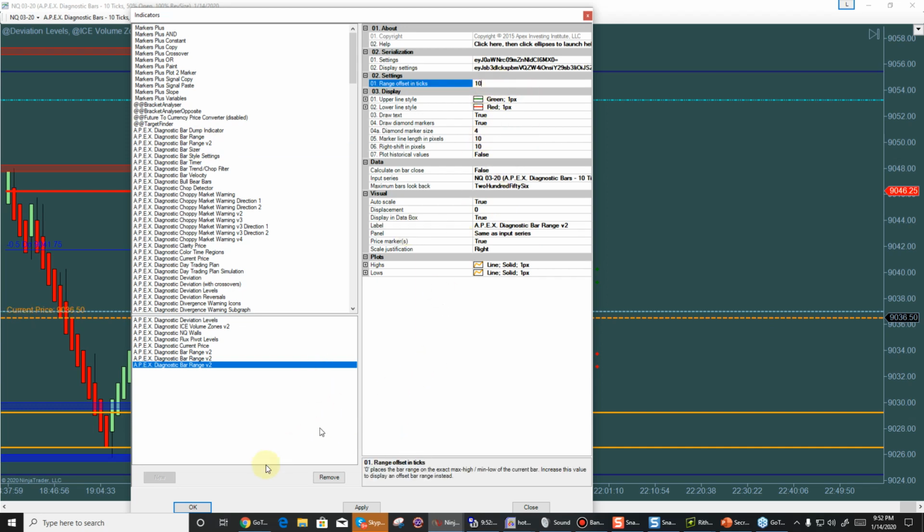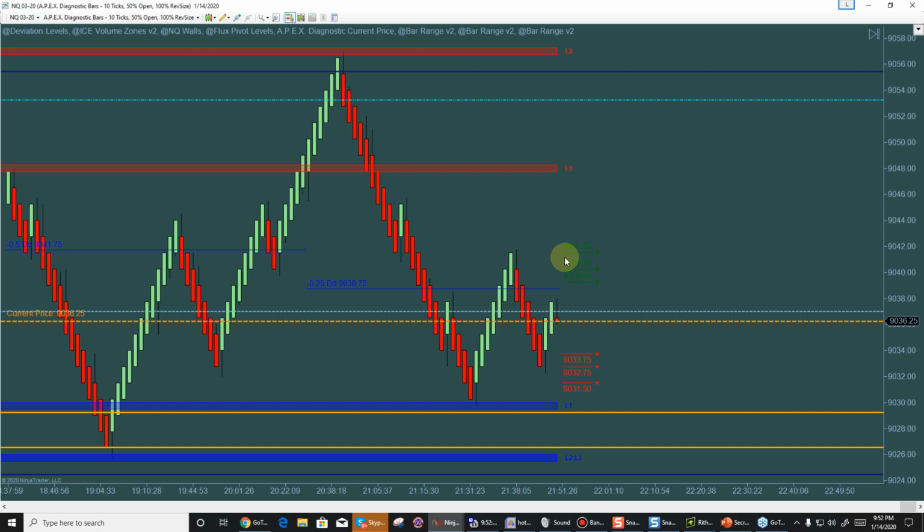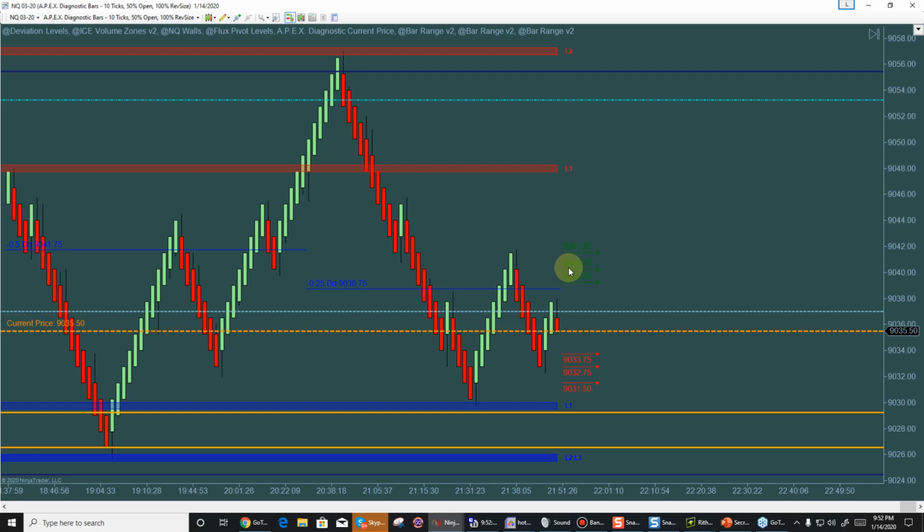But if you have this 10 tick one on, well, if there's something in the way of 90.41.50, then there's my obstruction, and it's right in front of my face. And you'll know exactly if there's an obstruction in your way.